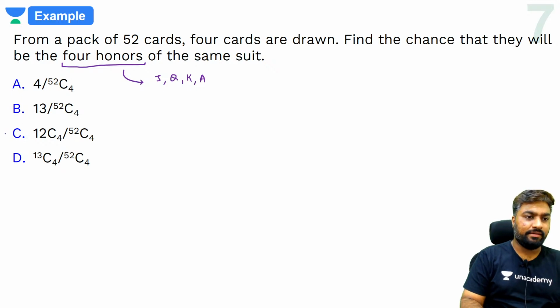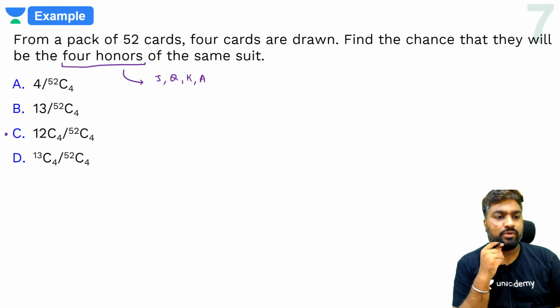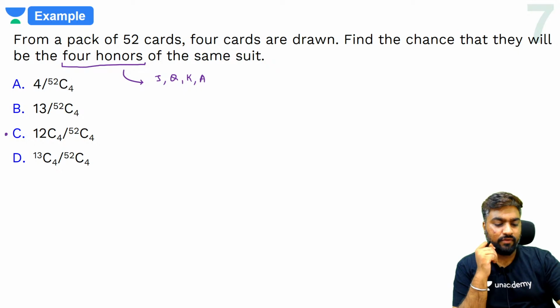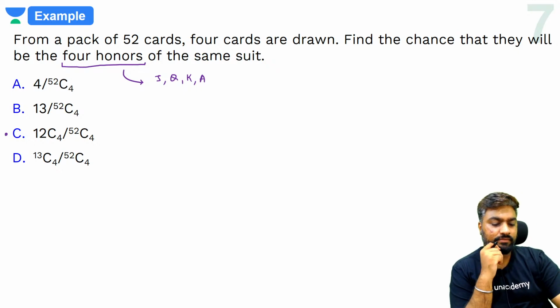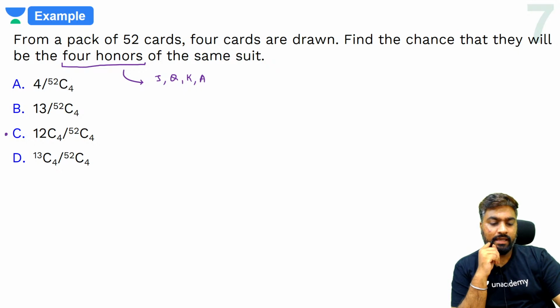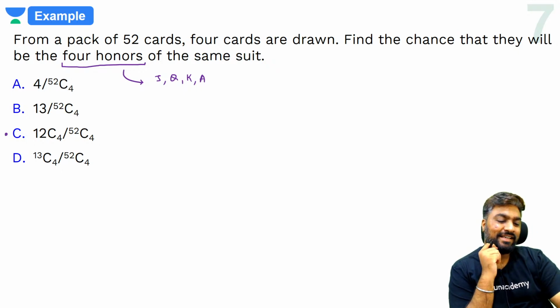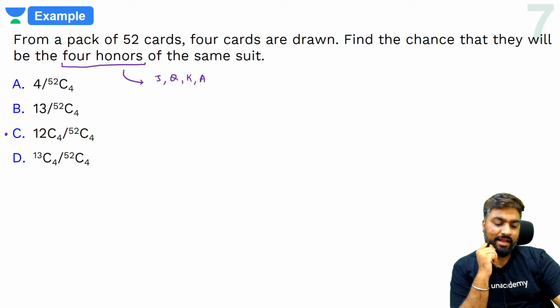Lekhna says C. 12C4 by 52C4. Okay, how about others? Lekhna seems to be very confident about it. 12C4 by 52C4.